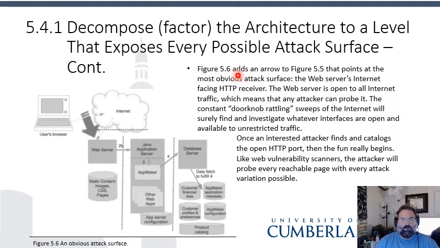So here we're seeing an additional arrow that points to the most obvious attack surface, so the web server. It would make sense that's going to be the thing that is the most exposed and also get the most attention.